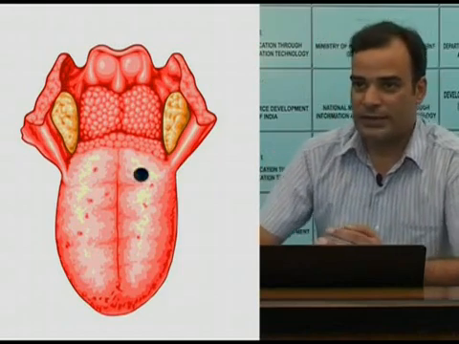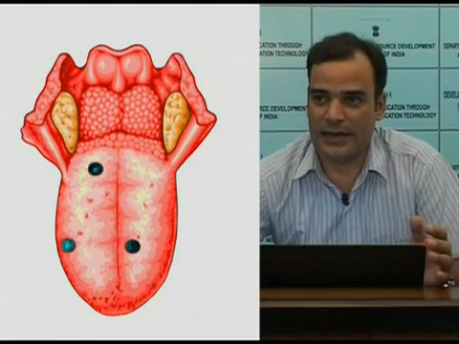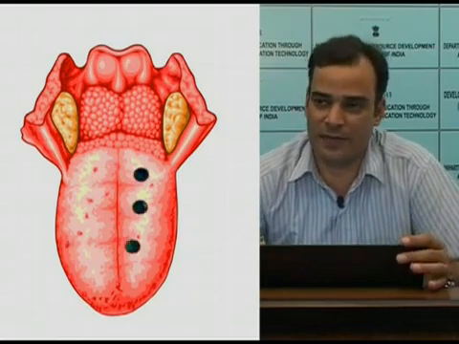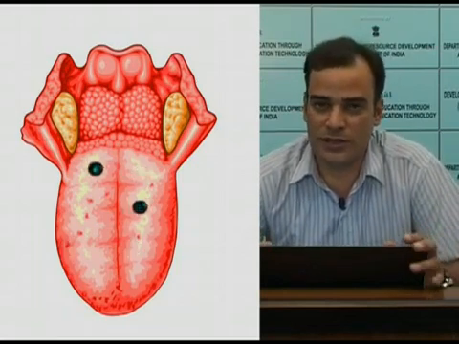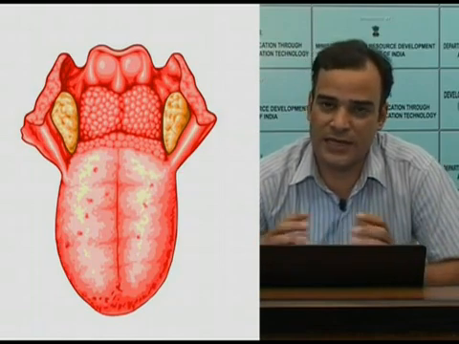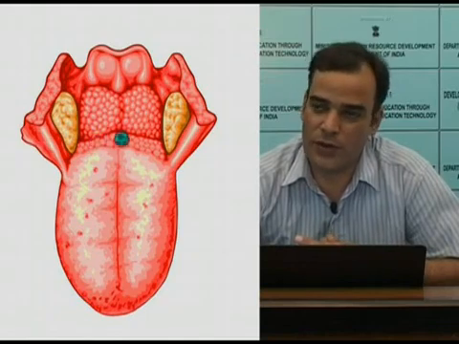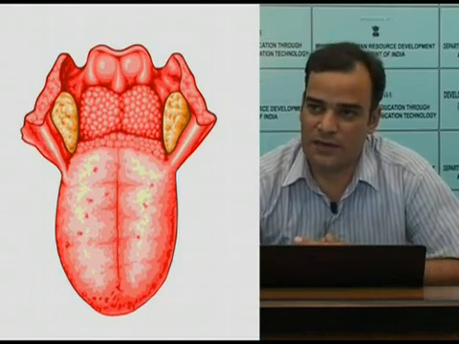Also, you can see the papilla, which give the tongue a characteristic rough and velvety appearance. On the posterior, you can see the large papilla, which are arranged in an inverted V shape and are about 8 to 12 in number, called circumvallate papilla.